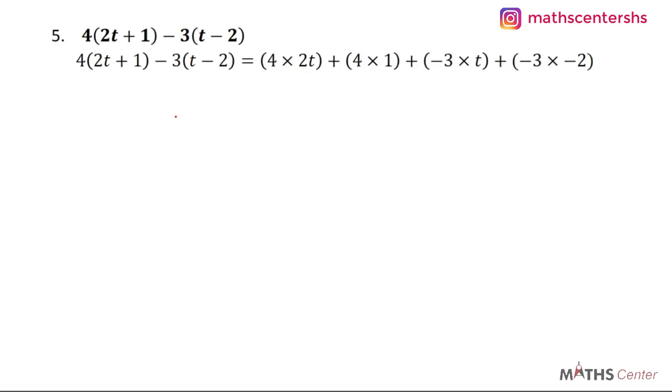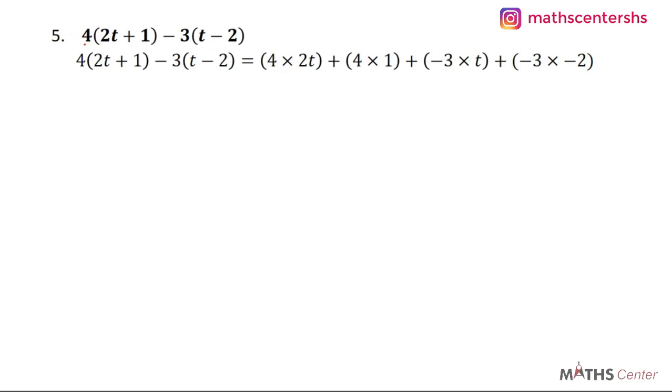Let's take another example. This time we have 2 brackets here. So we first deal with the first bracket, then we go to the second bracket. In dealing with the first bracket, we do it the same as we have been doing. Distribute what is outside the bracket over what is inside the bracket.